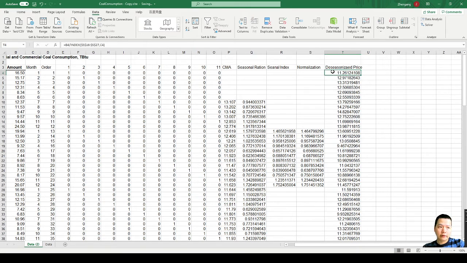Then we have the decentralized data, and we can calculate the trend.